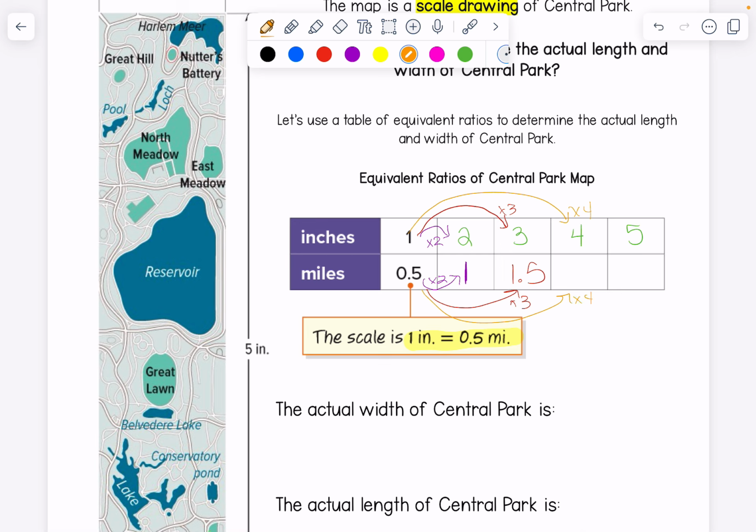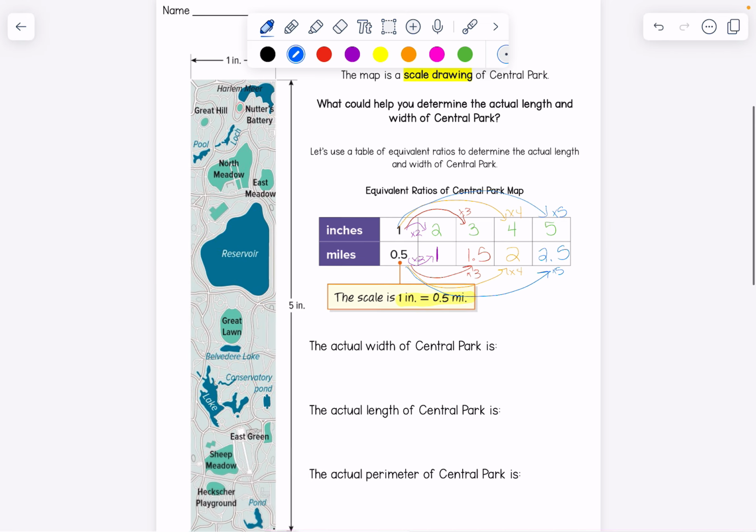And so 0.5 times 4 would give me 2. And if I scale up my inches by 5, I want to make sure I scale my miles by 5, which would give me 2.5. So that means the 5 inches that's represented on this map, in real life, the actual length is going to be 2.5 miles.